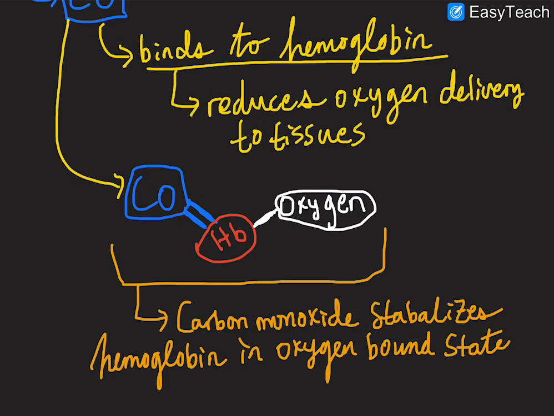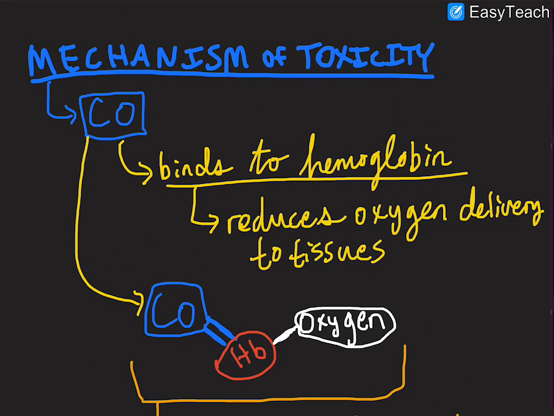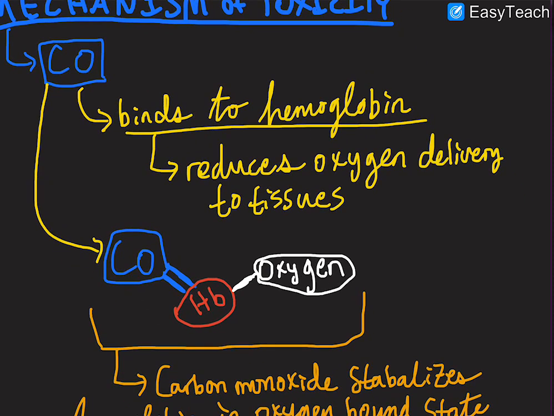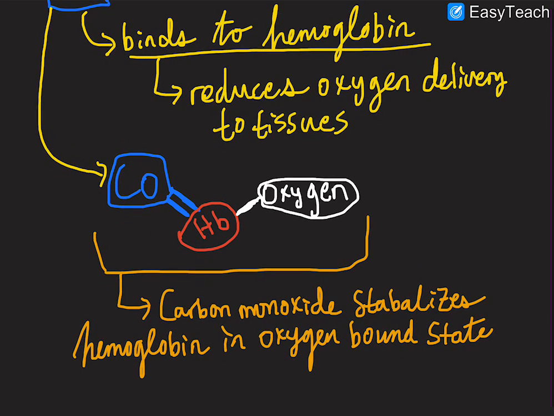All right, so let's go and get started with the mechanism of toxicity. So when carbon monoxide binds to hemoglobin, it actually binds much tighter than oxygen would. So obviously, when carbon monoxide binds to the hemoglobin, right, it reduces oxygen delivery to tissues because it actually stabilizes the oxygen that's bound to the hemoglobin.